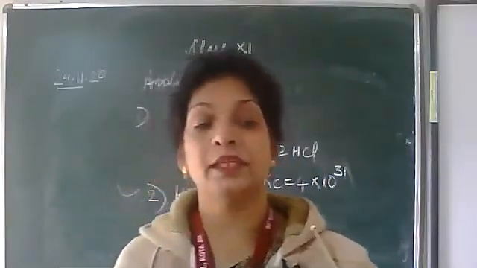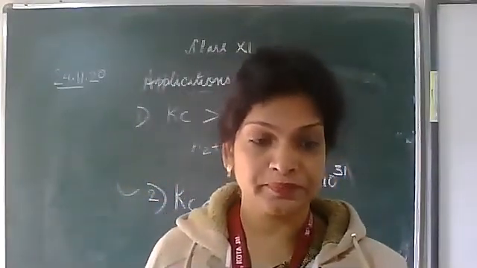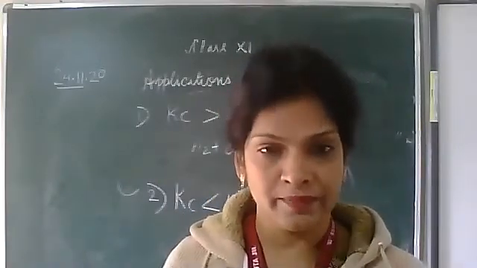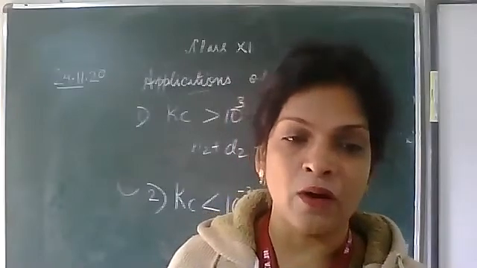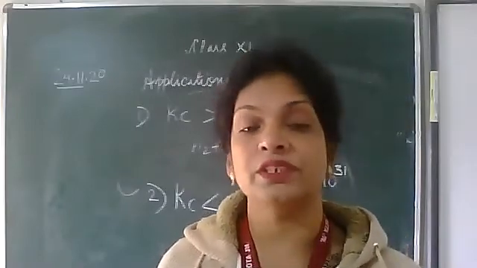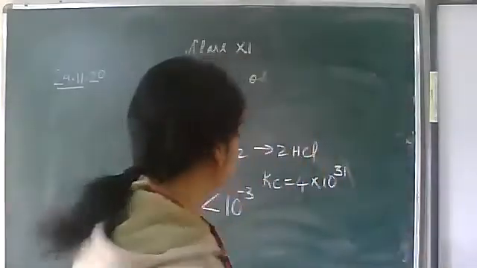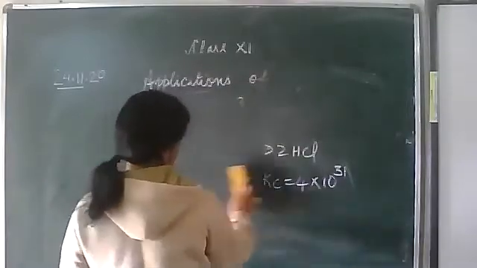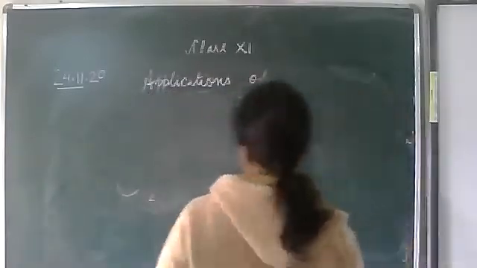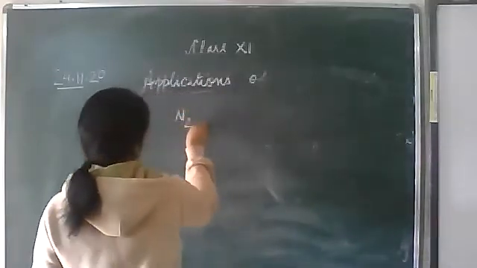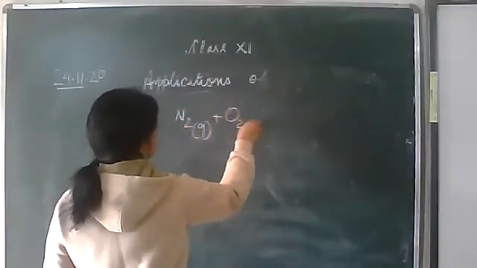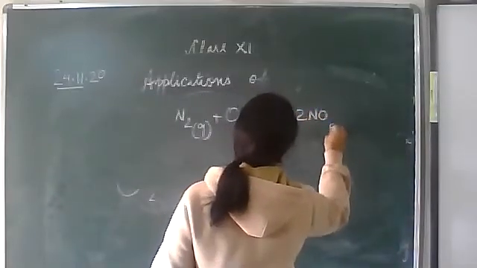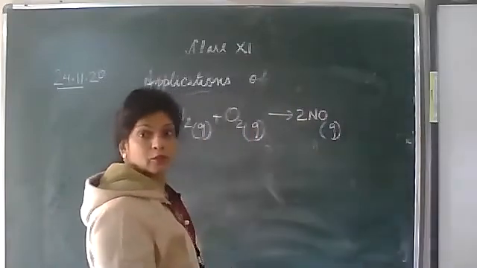Kc is very small, so the reaction proceeds rarely. One example is N2 gas plus O2 gas gives 2NO gas.